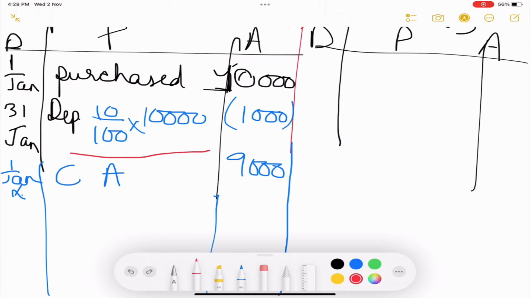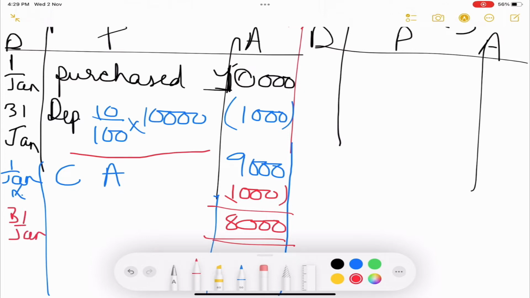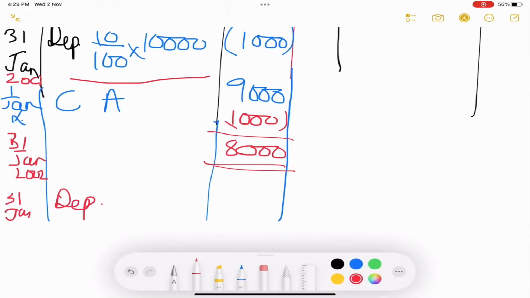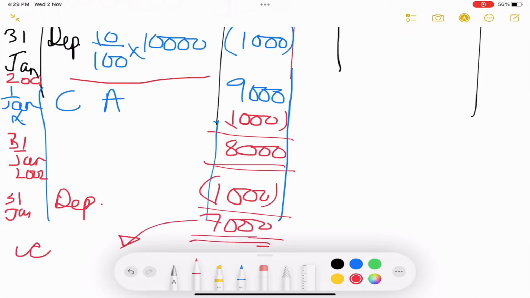Every year, the depreciation will remain the same on the cost value, right? So again, you subtract 1,000. So 9,000 minus 1,000 would be 8,000. On the next year's 1st Jan, the carrying amount would be 8,000. Now, again, the depreciation remains the same. Again, you will be subtracting 1,000. So what would the carrying amount be? The carrying amount would be 8,000 minus 1,000, which is 7,000.